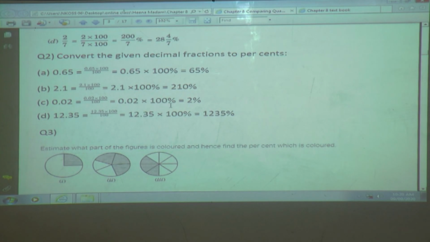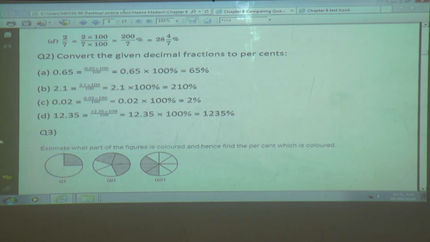Similarly 0.02 multiplied by 100%. Multiplication means the decimal will go 2 digits forward, so it is 2%. And 12.35, we just have to multiply by 100% because we want the decimal in percentage form. After multiplication, you know that we get 1235%.